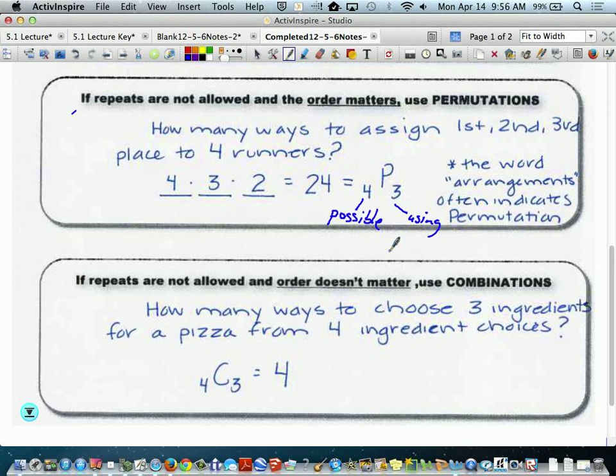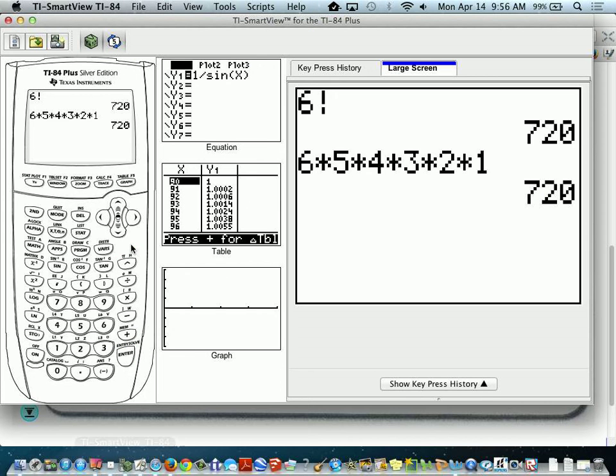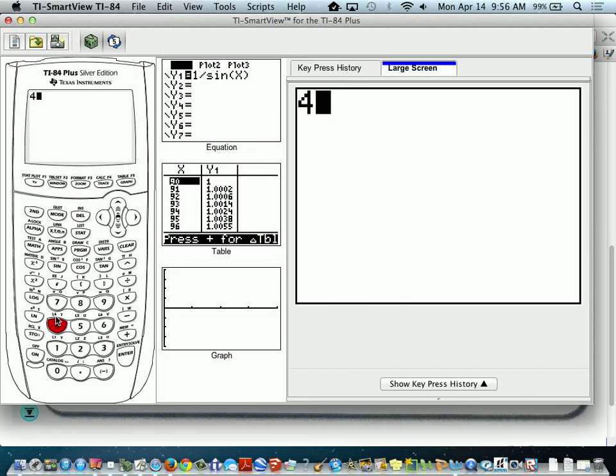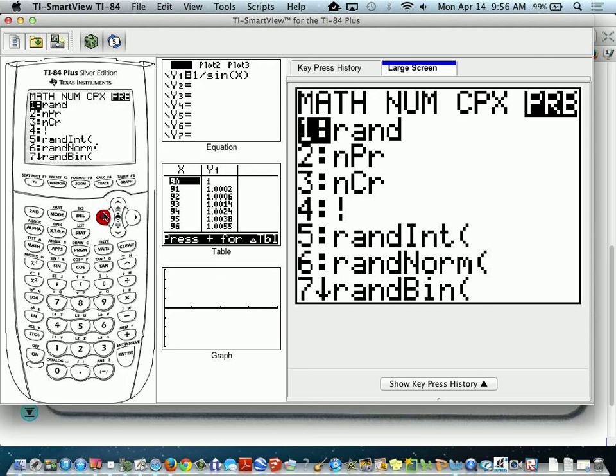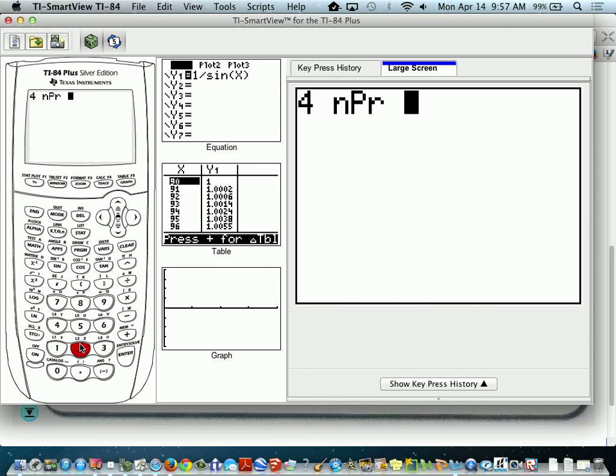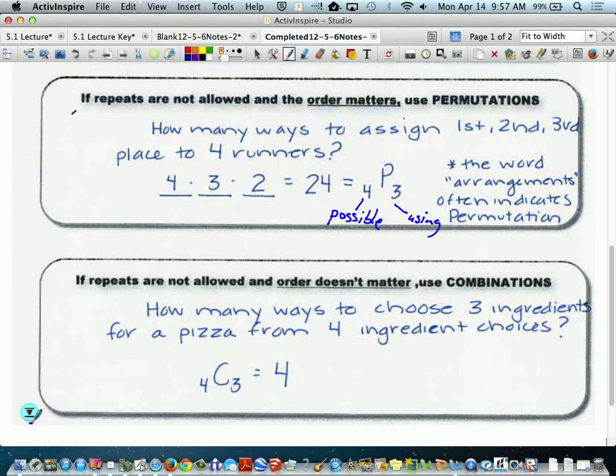So on the calculator, you do how many people are in the race, or how many do we have to choose from, 4, math, slide over to probability, grab the NPR, so you have to type down the big number first, then the smaller number second, which is the same as 4 times 3 times 2. Some of you might be more comfortable doing 4 times 3 times 2 on the exam. Totally fine, it's the same thing.